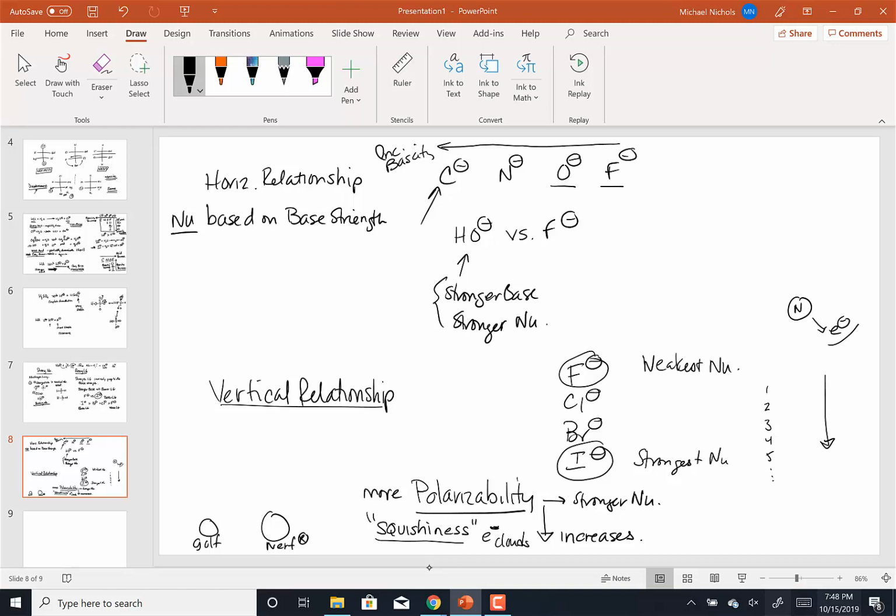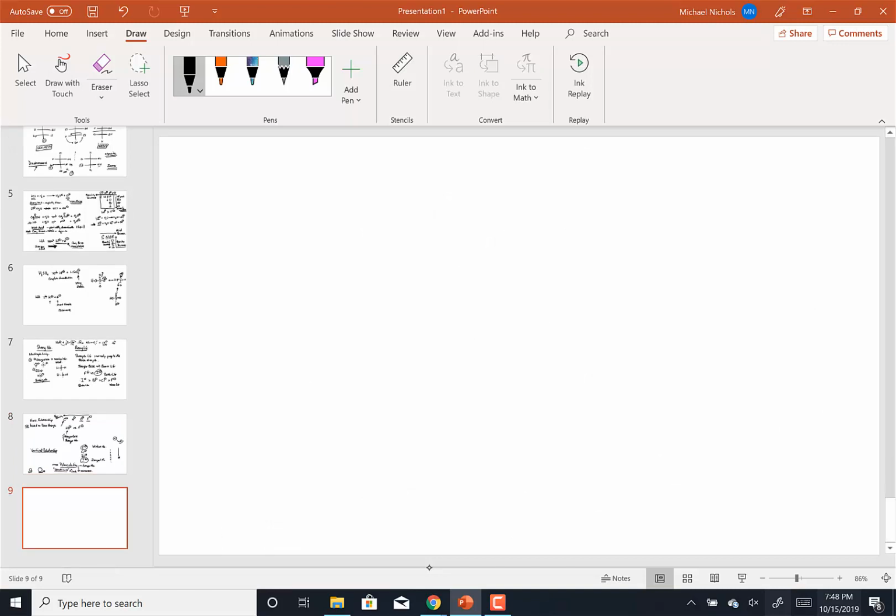Now, if you're sitting there going, well, great, okay, squishy, polarizable, but what does it have to do with Sn2 reactions? Well, here's what it has to do with Sn2 reactions.